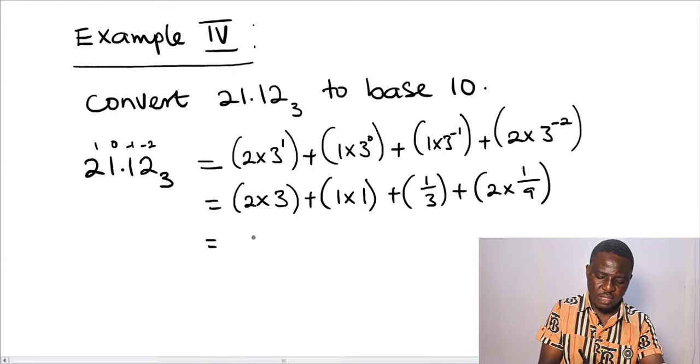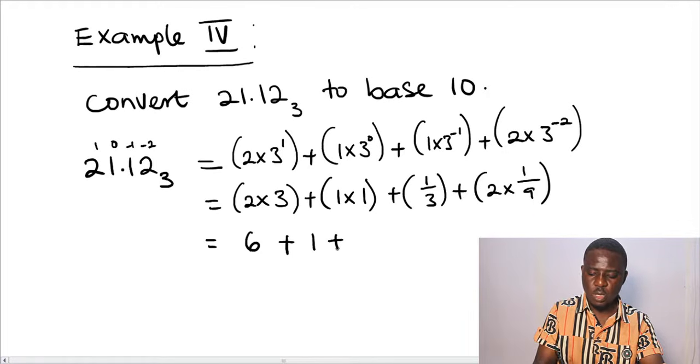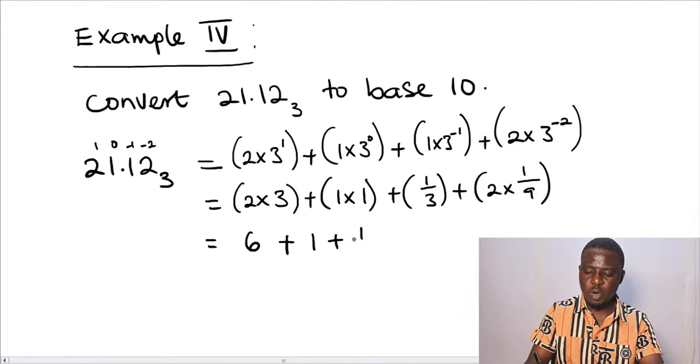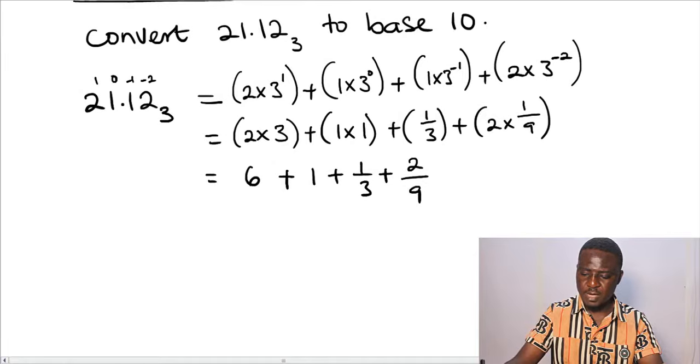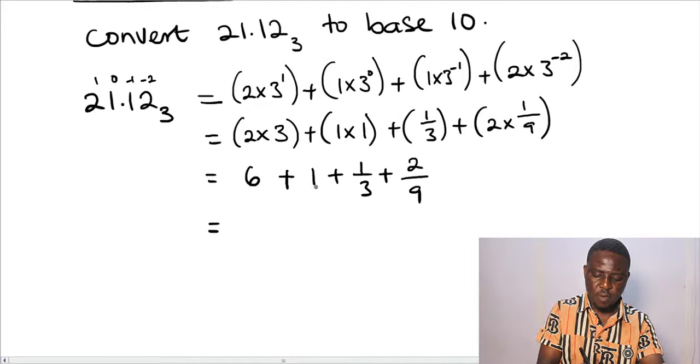So when you simplify this further, this becomes 2 times 3 is 6 plus 1 times 1 is 1 plus 1 over 3 plus 2 over 9.